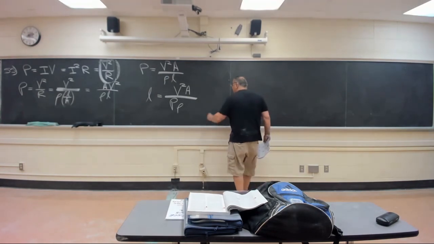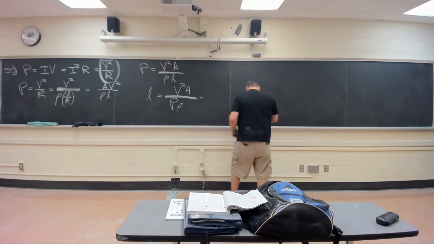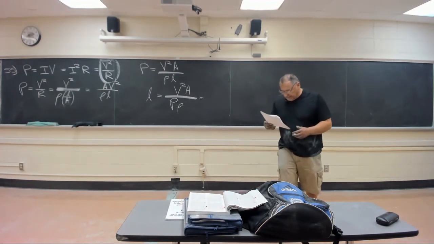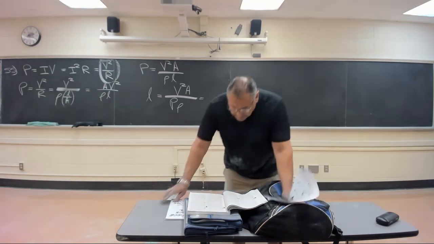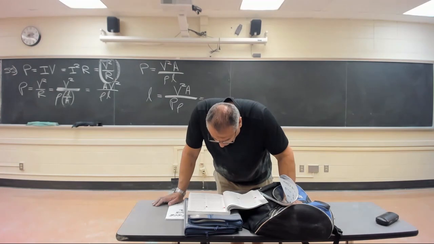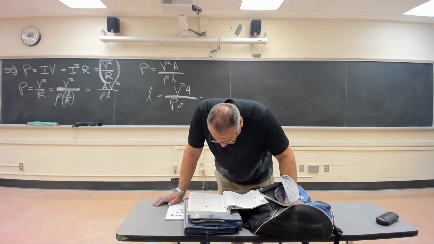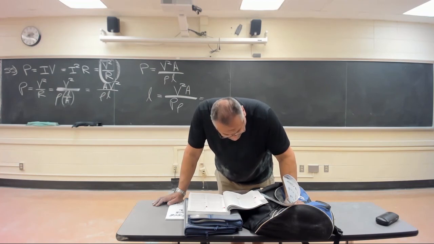Once you get to here, they told us a lot of stuff. So let's make sure we're speaking the same language that they are on this. They gave us the resistivity, that's 3 times 10 to the negative 8. They told us the cross-sectional area, that's 4 times 10 to the negative 6. Both are in SI units. 48 watts is the power. And it's a 20-volt battery.